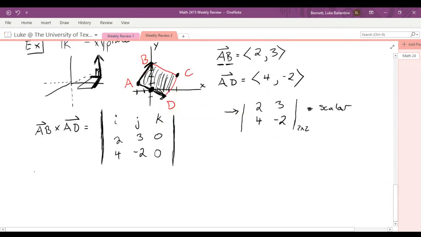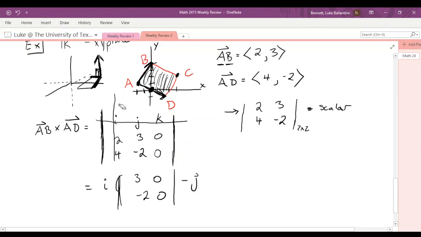Right, and notice what happens. We cross out the i. So we have i times, and then this, I'm going to leave it like this for now. This is 3, 0, negative 2, 0. We have minus j.